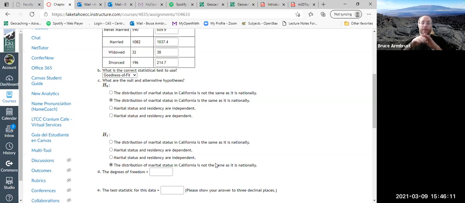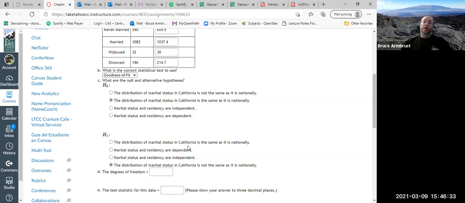Anytime you have a goodness of fit problem and you want to write out the null hypothesis, you can immediately just write the distribution is the same. Alternative, the distribution is not the same. So that's another good thing about goodness of fit, you don't really have to think about the hypotheses.